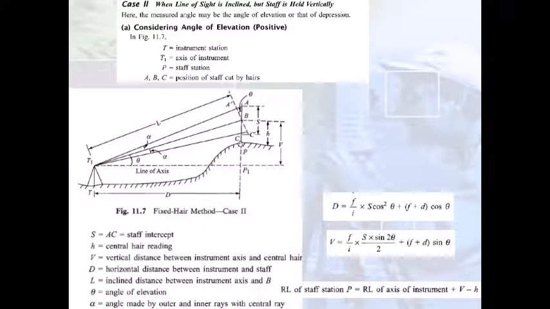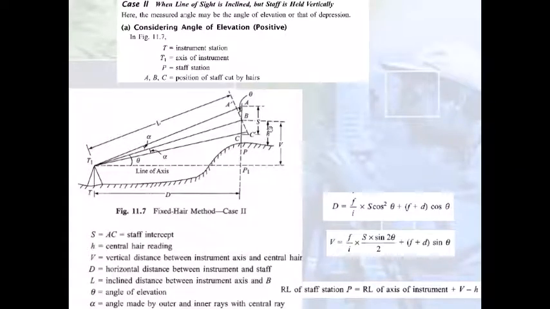So in order to get the reduced level of this point, we can add this distance v to that value. So now you get the reduced level of this point b, and then you subtract this reading that you get on the instrument, which is equal to h. So reduced level of the axis of the instrument plus this value v minus h.